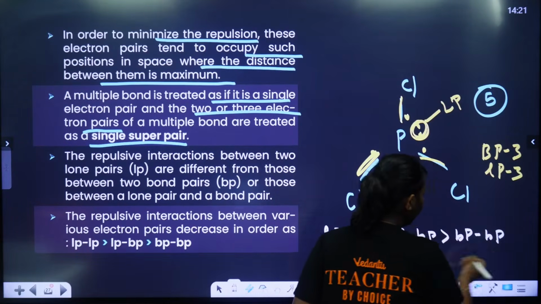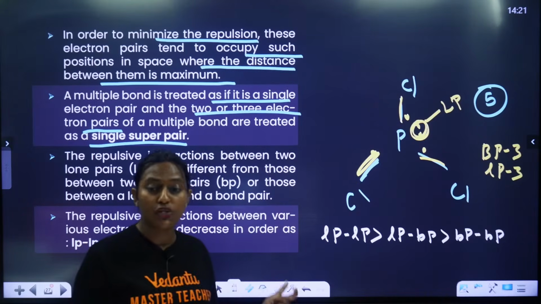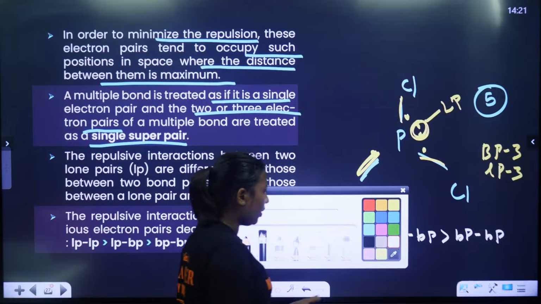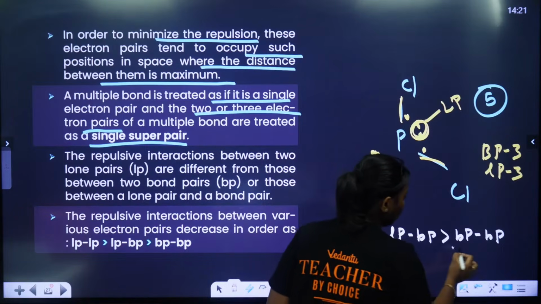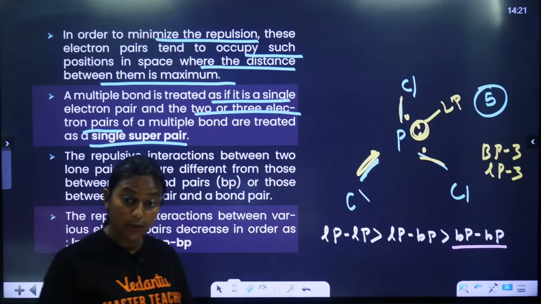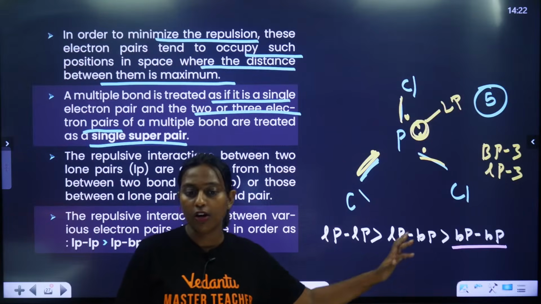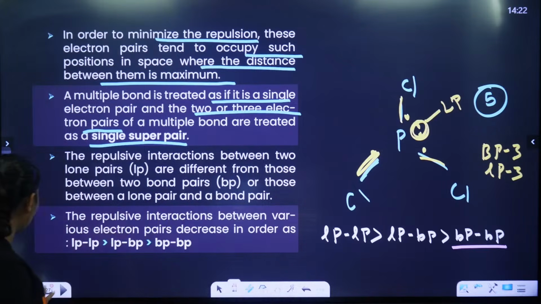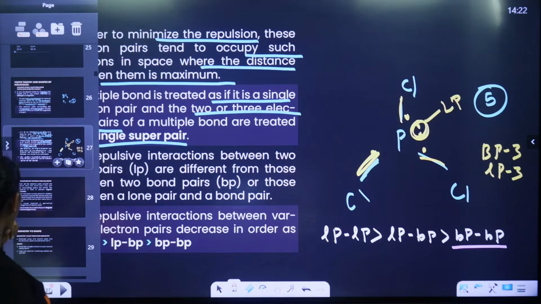In bond pair the repulsion is very less as compared to the repulsion of lone pair. This is the order of repulsion.